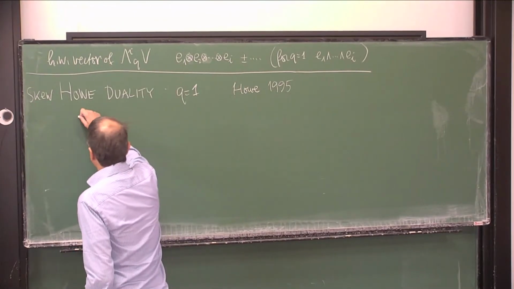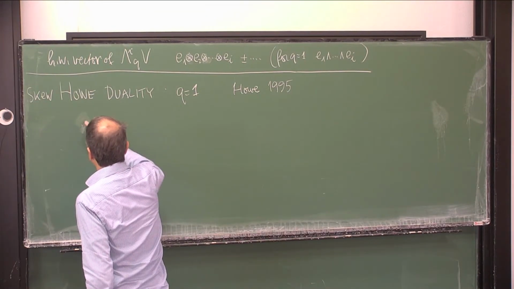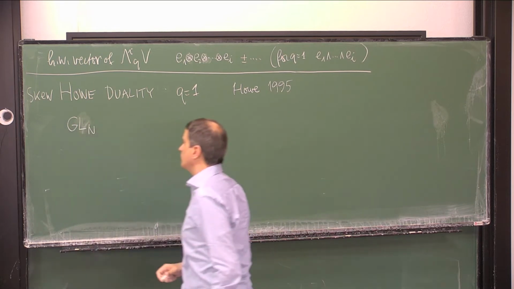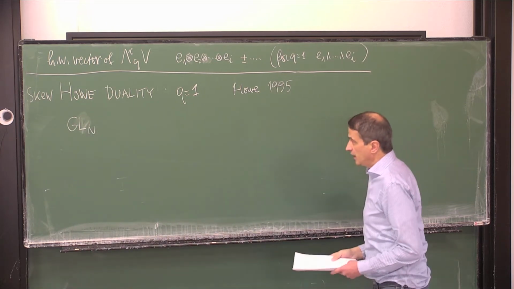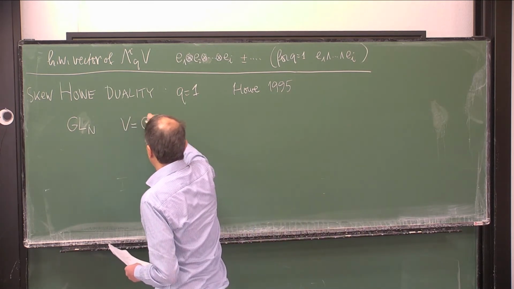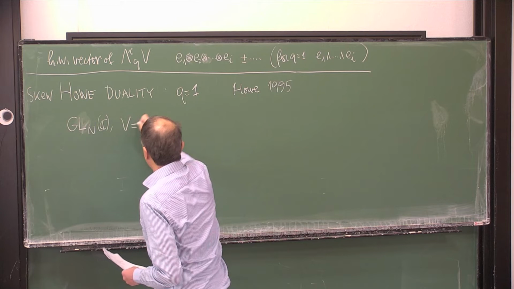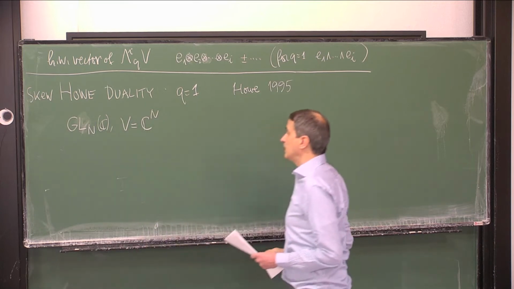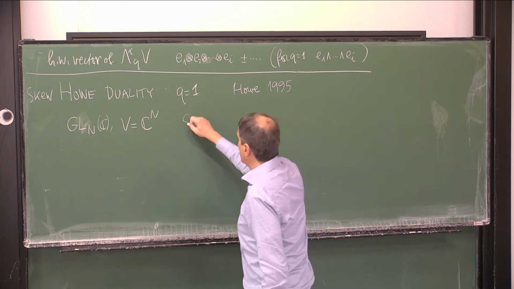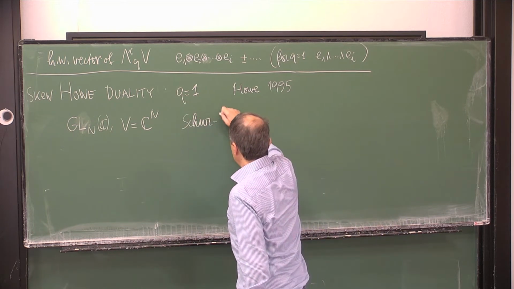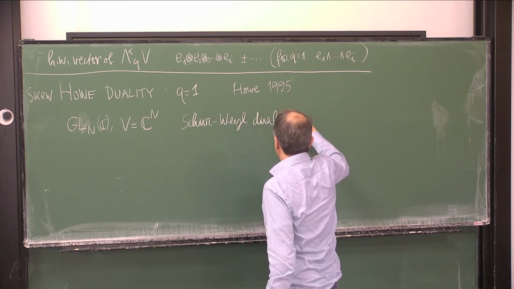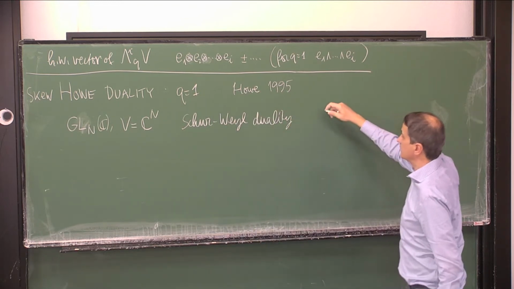So again, for this it is nice to take GLn instead of SLn. Take the group GLn, and V, and you take V, again, the fundamental representation. And so recall first the Schur-Weyl duality.